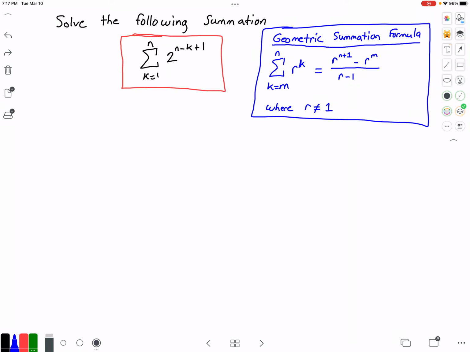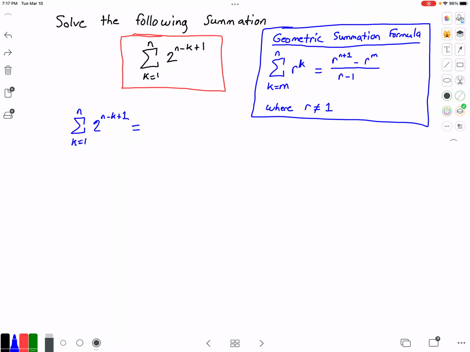All right, so let's go ahead and get started. First thing I'm going to do is rewrite the summation. So we get the summation from k equals 1 to n of 2 to the power of n minus k plus 1. Now I want to rewrite this to make a bit more sense of it.